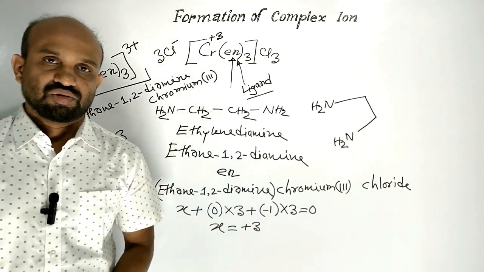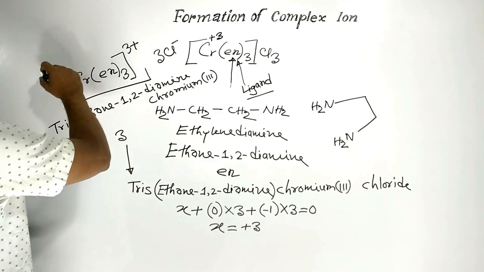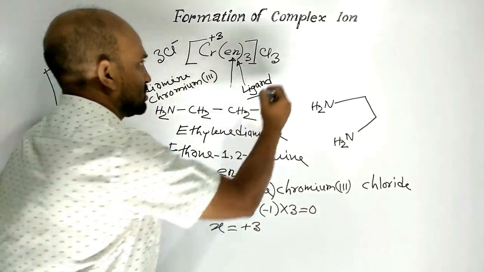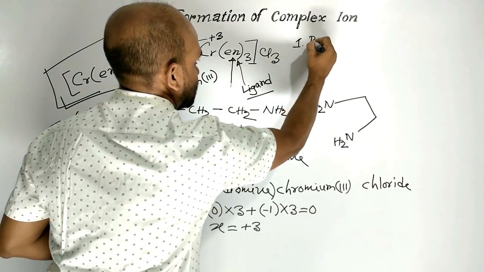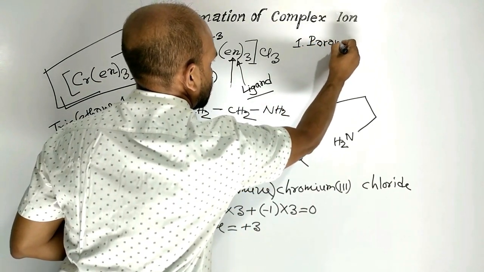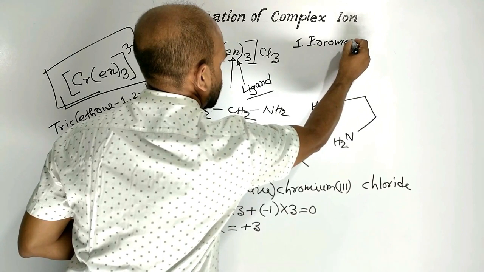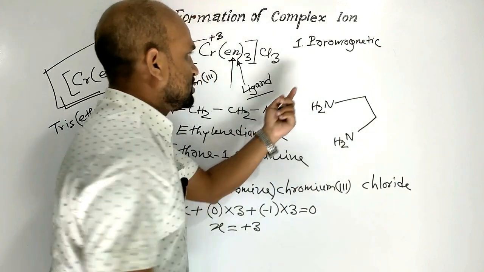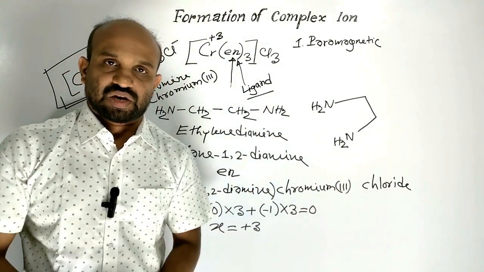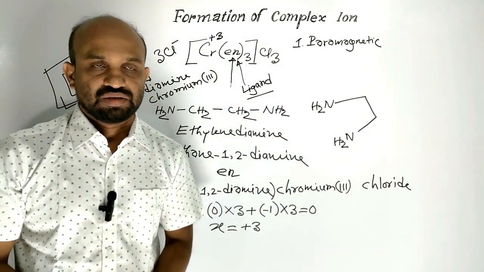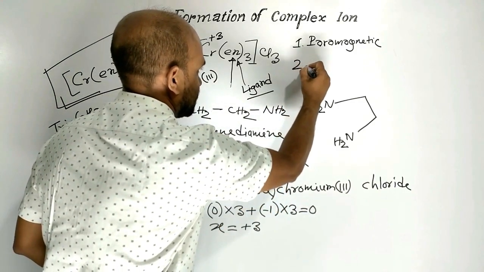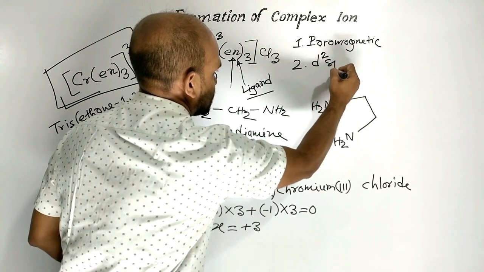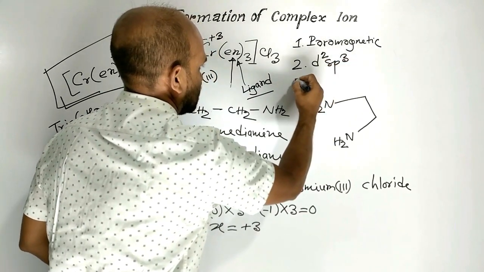In this lesson we are going to learn formation of this complex ion. That is, this is paramagnetic in nature. Why is this paramagnetic in nature? We will learn this, and it experiences D2sp3 hybridization.